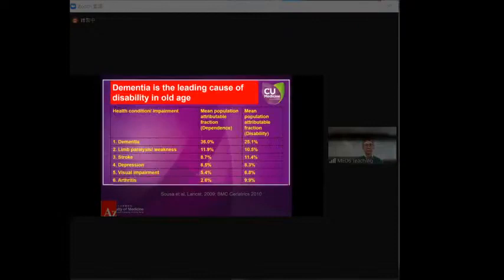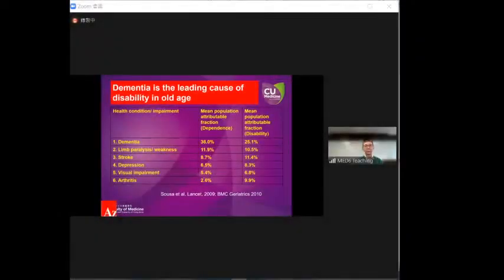So let's talk about dementia first. When we talk about the aging population and the worry about the burden of aging population, we should consider the major cause of dependency with aging. This is the list of common medical conditions and disabling conditions in old age.